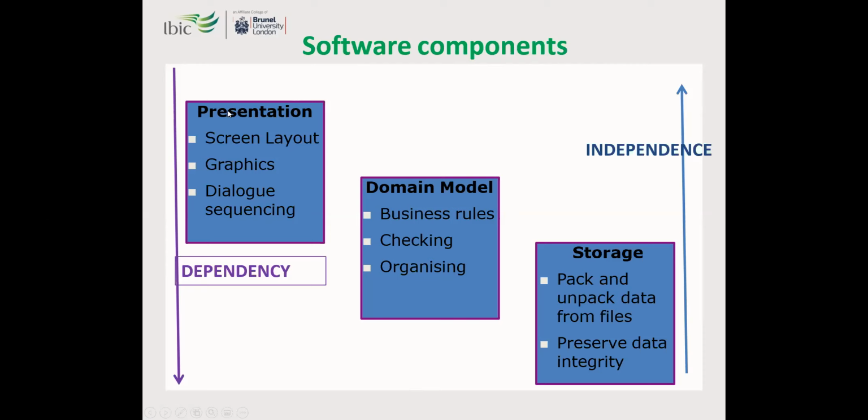If you look at this layer, this type of components are highly independent, but are less in dependencies. And then the domain model is something in the middle, and storage means this got more dependency than the presentation layer.